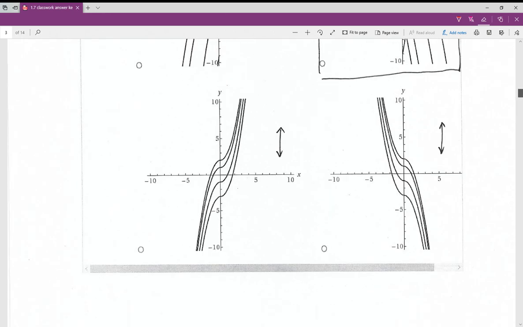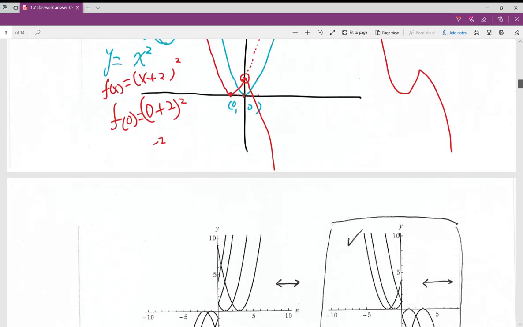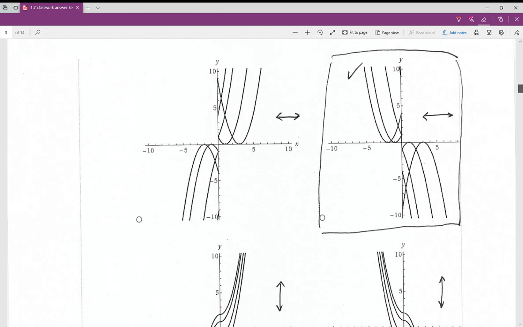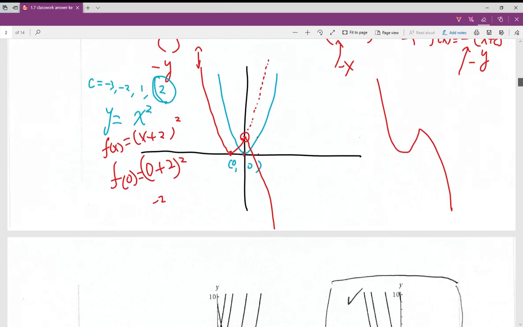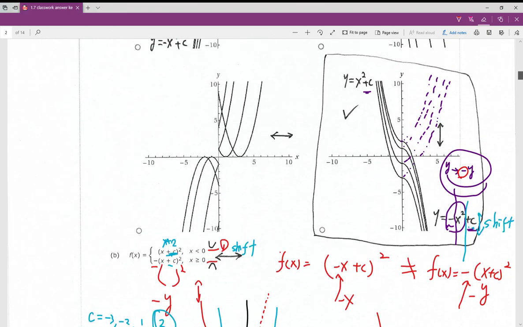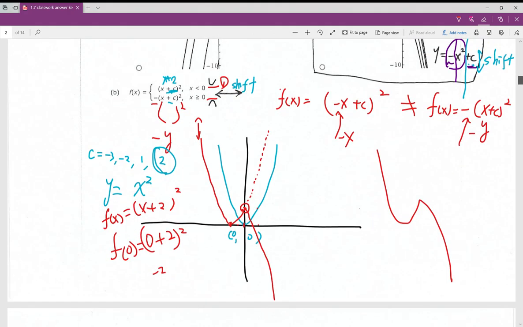When x is positive, we have, yeah, so the right choice will be which one? And this is 2, right?